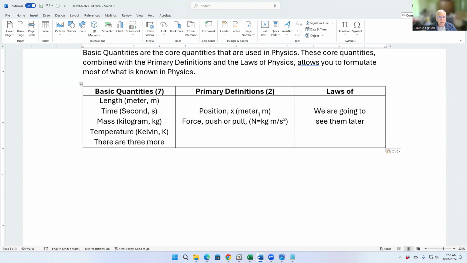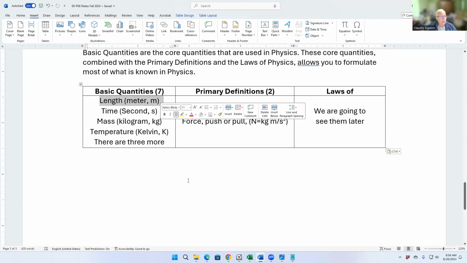And when they started to engineer their own world, they felt the need to come up with some basic quantities. Most likely the first one was the length, okay? And today we measure the length in terms of the SI unit that we call the meter.